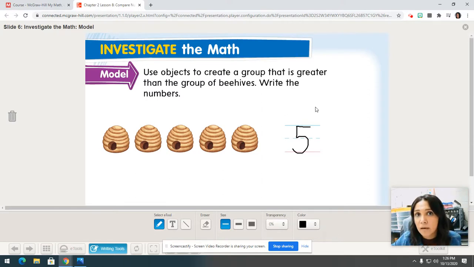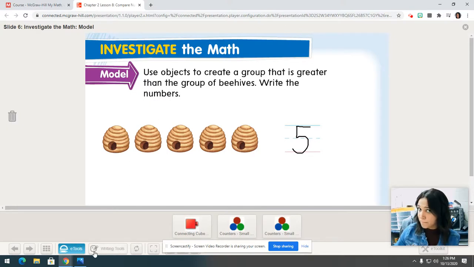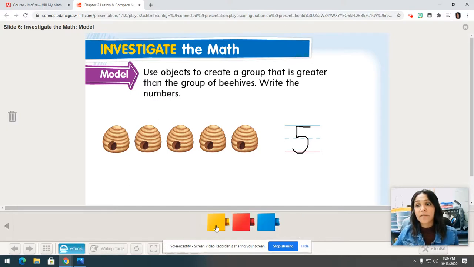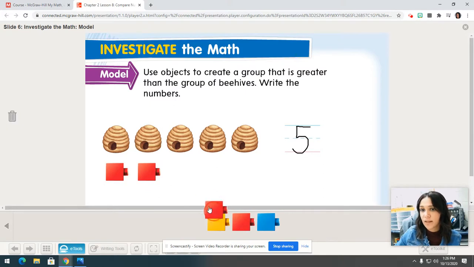So remember, we want something that is bigger, because that means greater. We need a number that is going to be higher, bigger than number 5. So let's just make it equal to. Help me count. 1, 2, 3, 4, 5.